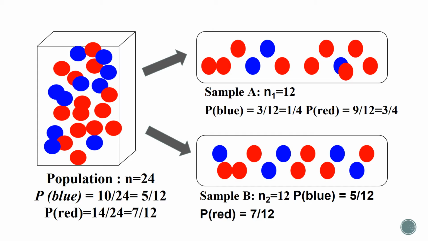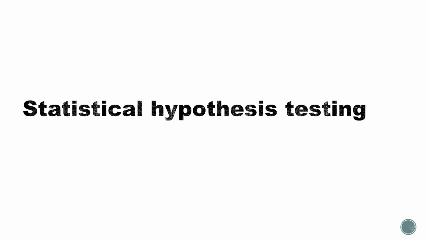And this leads us to what we call statistical hypothesis testing, where we formulate hypotheses in support of and against our test or sample results, in the sense that if we assume that the results we've obtained from our sample are representative enough of the actual population, then we're going to take into consideration the effect of sample fluctuation.